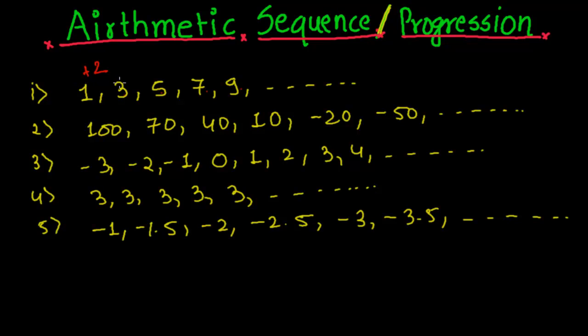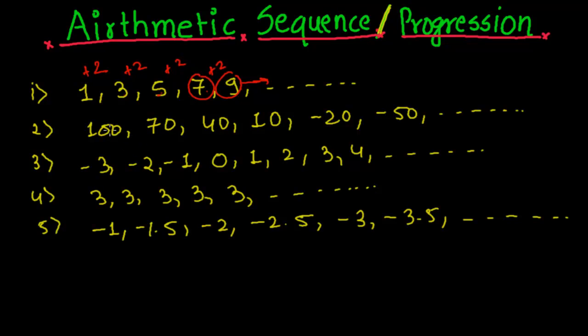Again, in 3, if you add 2, you get 5, and in 5, if you add 2, you get 7, and in 7, if you add 2, you get 9. This pattern is going on, meaning the difference between consecutive terms is 2 every time.